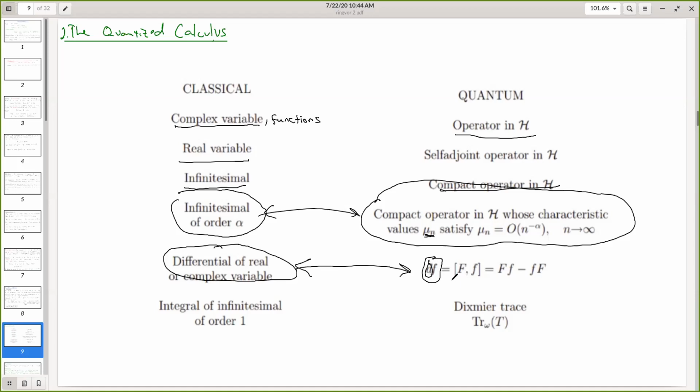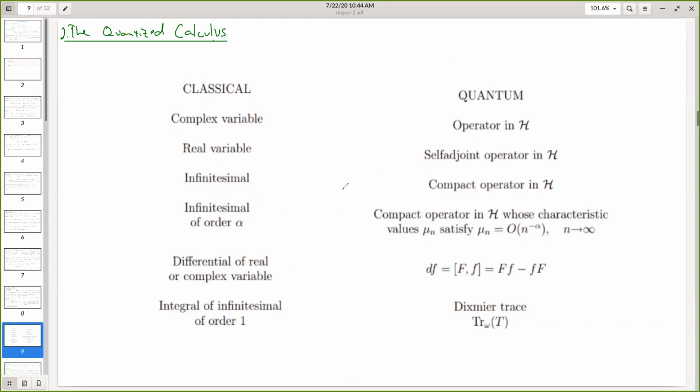And you can write the differential as a commutator of some operator, which we usually call d, so the Dirac operator for example, with a function f, or an operator f in that sense. I mean function and operator, because if you apply it to f of x psi of x, f is a multiplication operator with respect to these functions. So that I already told you about last time.